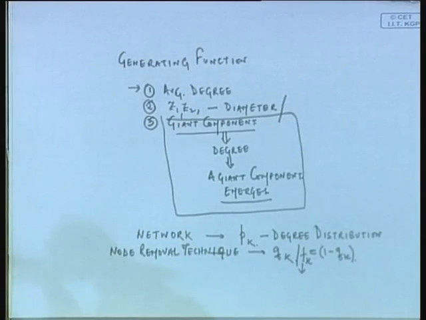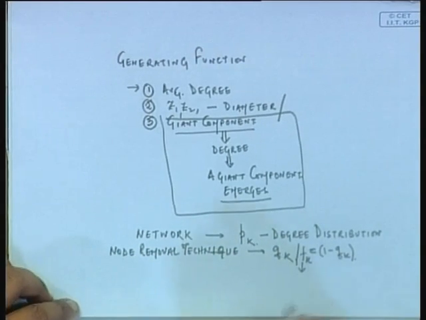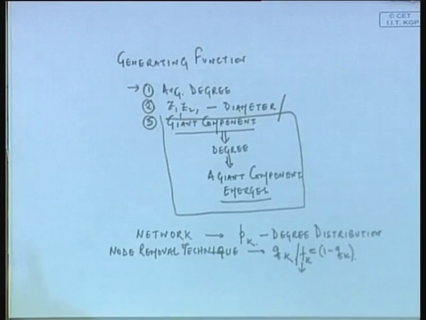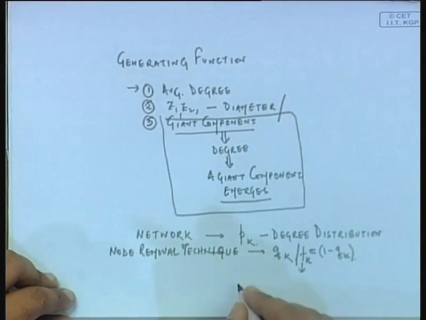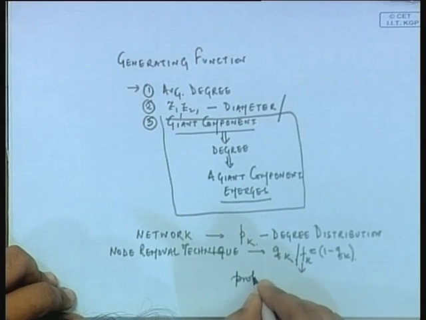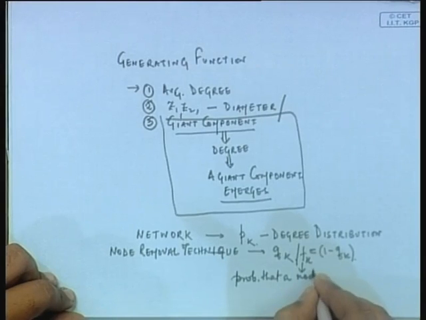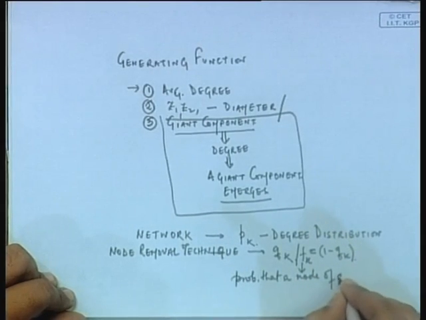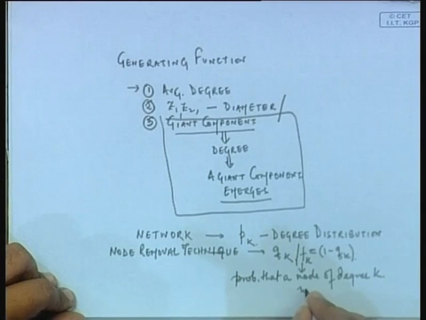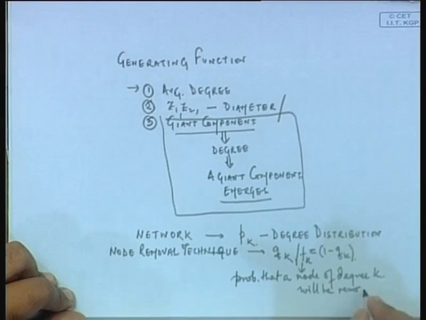Arpit, what is Fk? Probability that a node of degree k will be removed. Okay. So, it is actually the probability that a node of degree k will be removed.